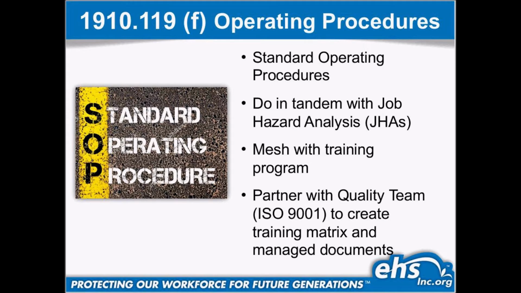So you have to have a standard operating procedure. Even though we're a training company, we do have standard operating procedures. We have them for everything, even for making you sign in at the beginning of a class. We have a procedure for how it's supposed to be done. You can do those things together. You can create your hazard analysis and create a standard operating procedure.